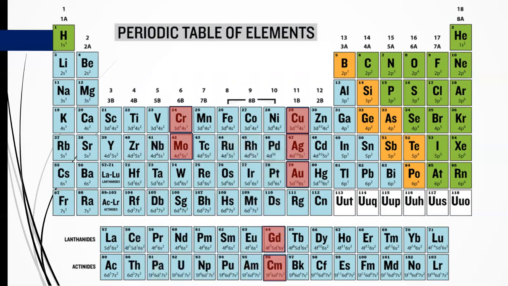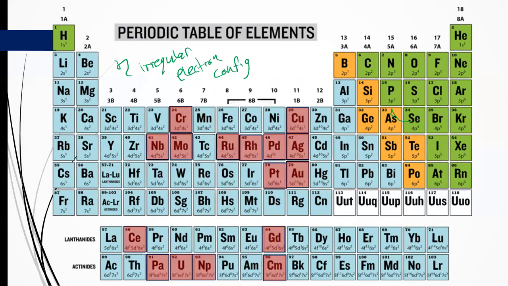We're not going to memorize all of them. We're only going to memorize these 7 irregular electron configurations, because these 7 follow a pattern, whereas a lot of our other ones might not.